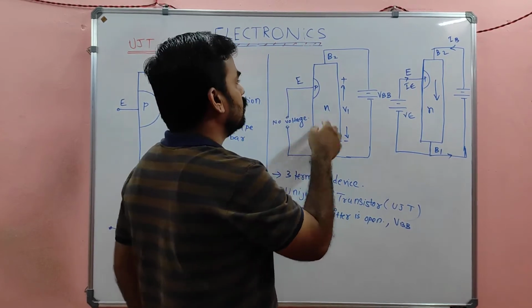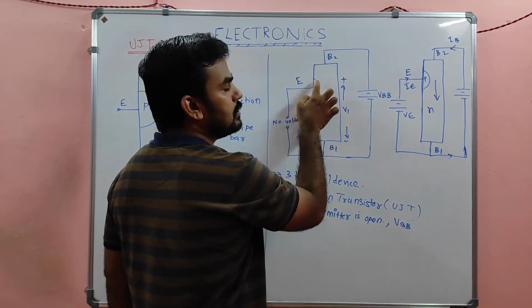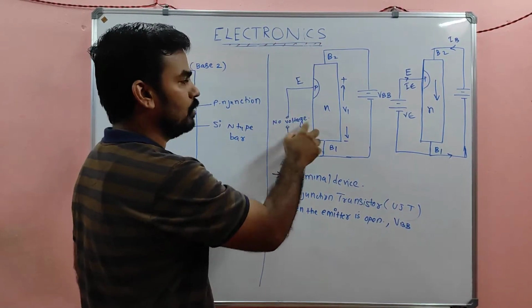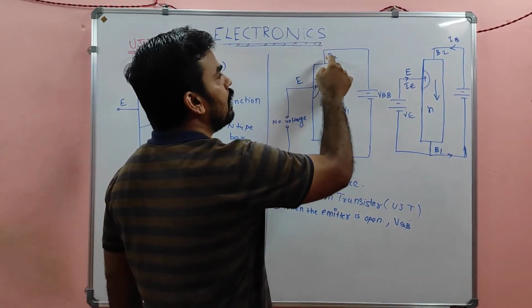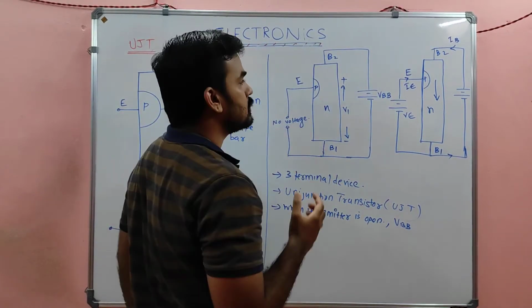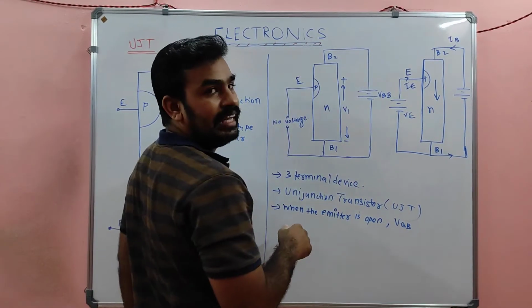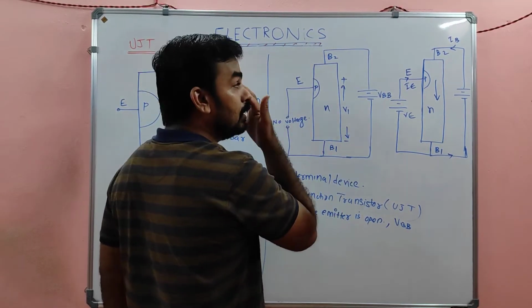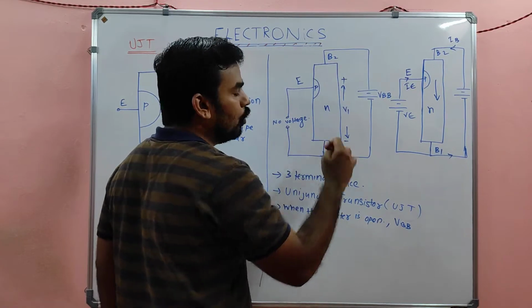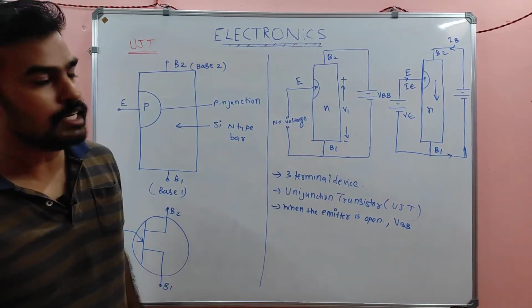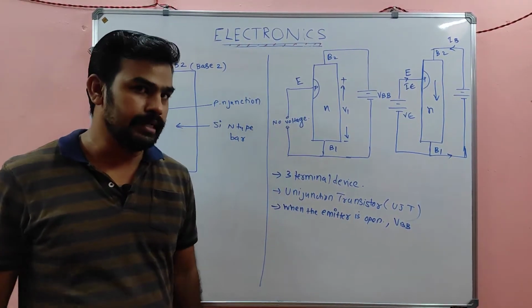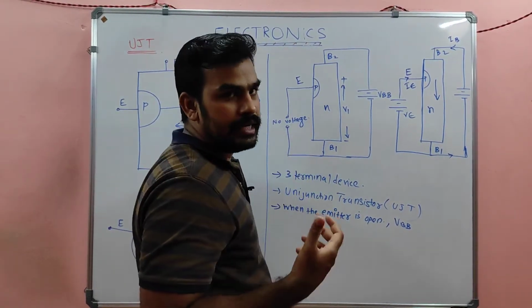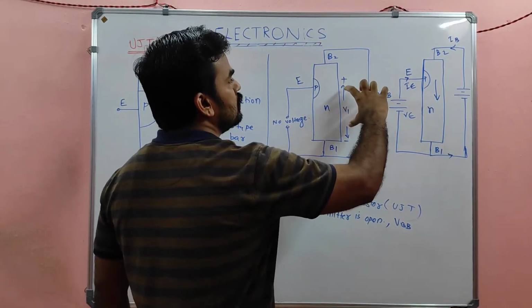Am I right? The emitter is open, so no need to consider P, because no voltage is applied there. We applied a voltage only across the bases, which is nothing but a long N bar. It will reverse bias the whole N region, and due to that there will be a large voltage drop across this region.